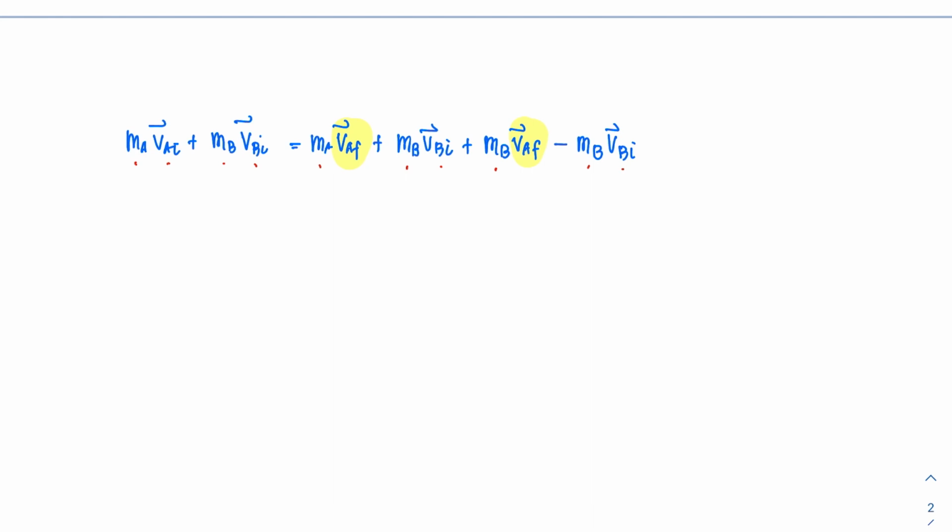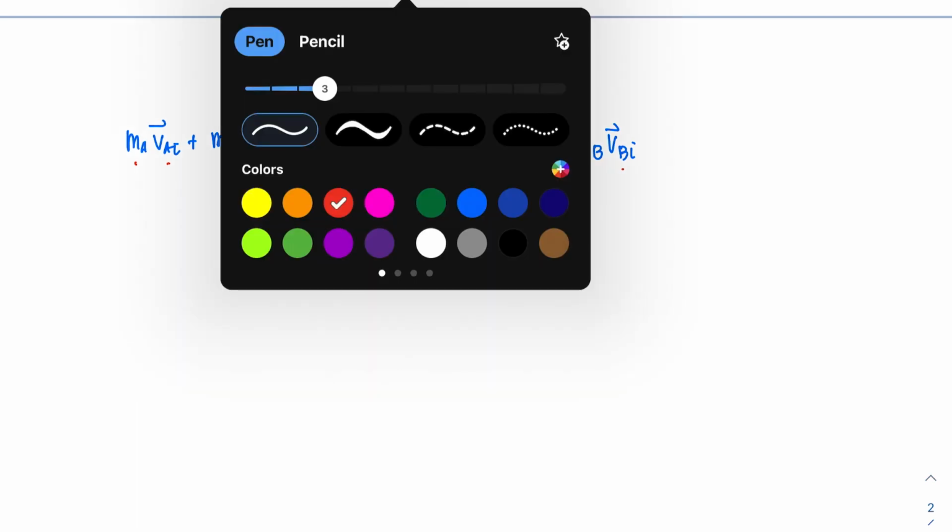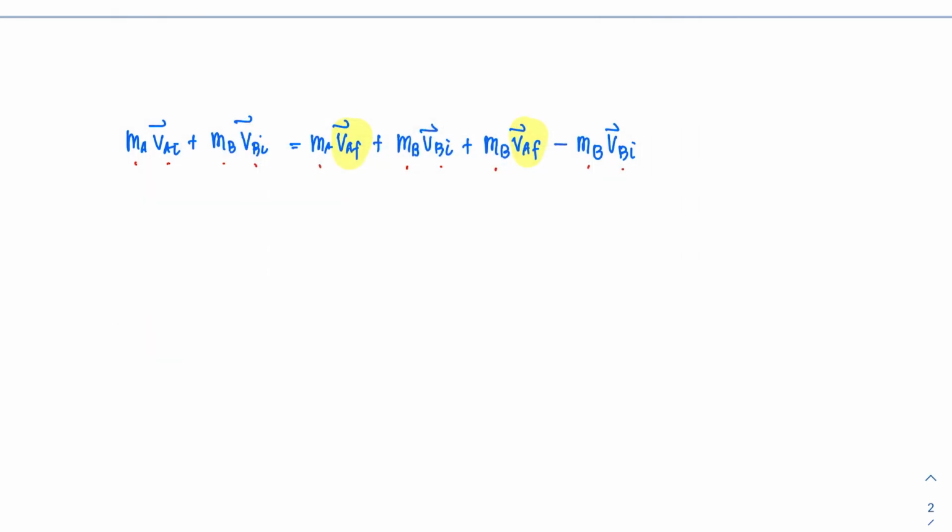MB is given, VBI is also given. So this is very promising. It's because we are now dealing with an equation with one unknown, and surely we can solve one equation with one unknown without the need of another equation.